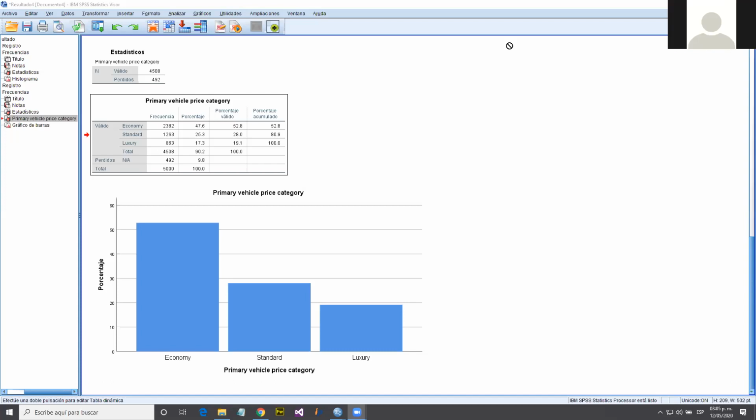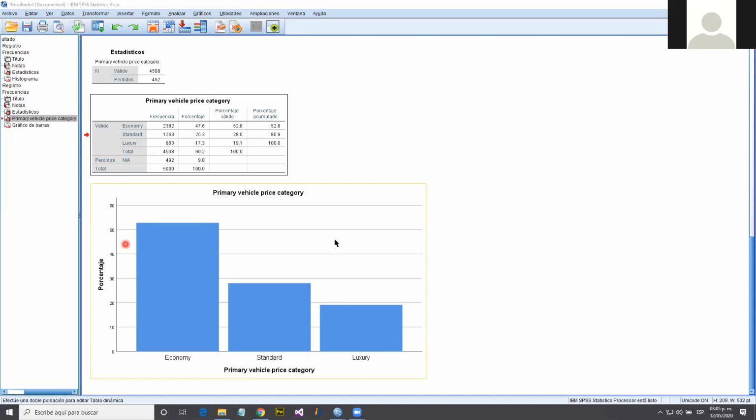What else can you tell us? You can see right here that more than half are using economy ones. So more than half of our customers, it is right here. That would be another important thing.